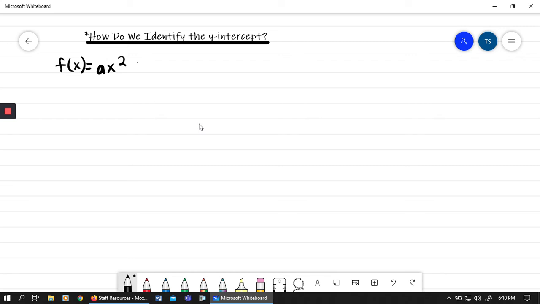But again, it's going to be ax squared plus bx plus c. And so, guys, the particular part of this standard form that is going to allow us to identify the y-intercept is that c value, that constant term.